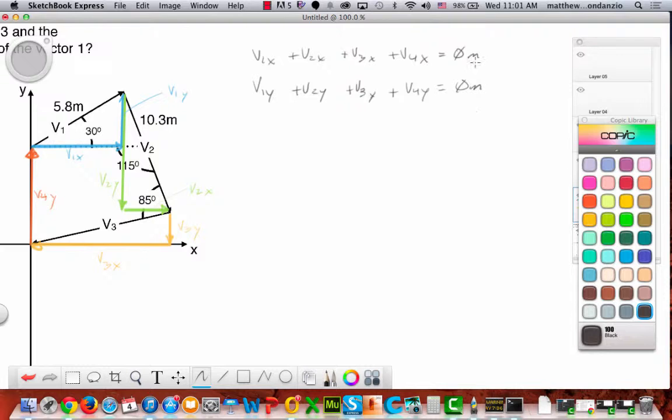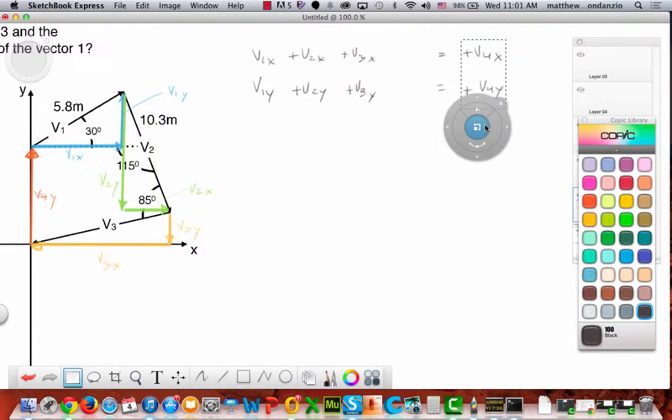Normally, if I didn't have V4, let's say I was looking for V4y. Rather than 0, I could say all those added together equal this.